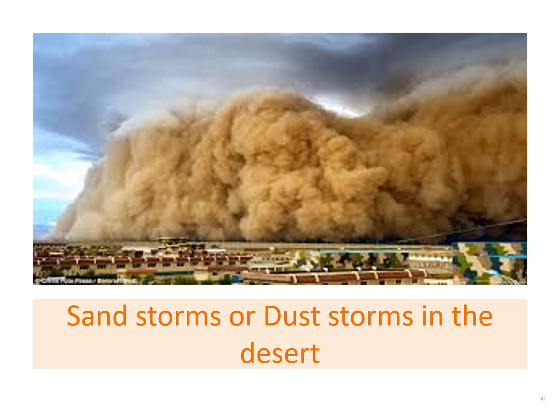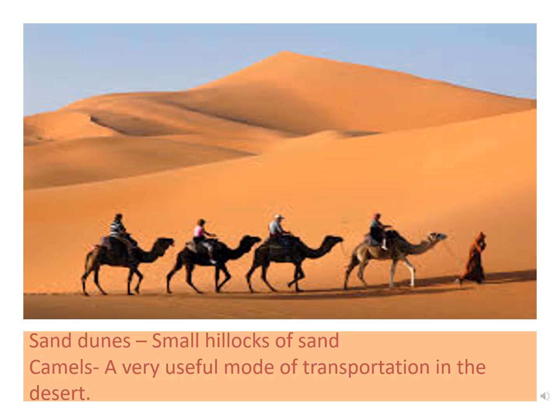A desert is covered with a thick sheet of loose sand. Strong winds called sandstorms or dust storms are common in the desert. The sandstorms or the dust storms sometimes blow over the vast stretch of sand and shift it from one place to another, forming small sand hills called sand dunes.